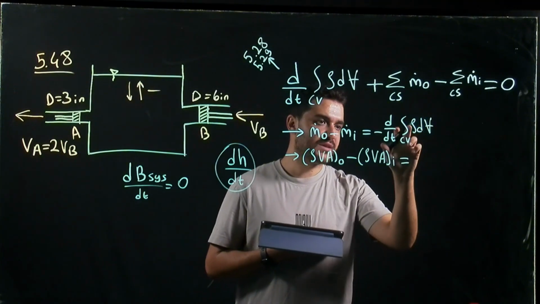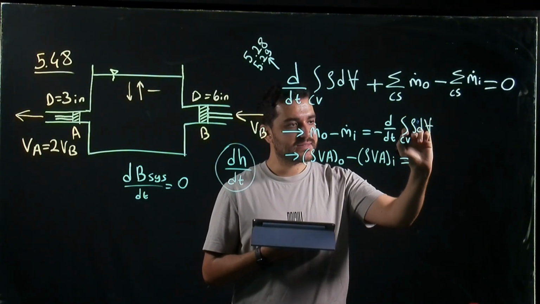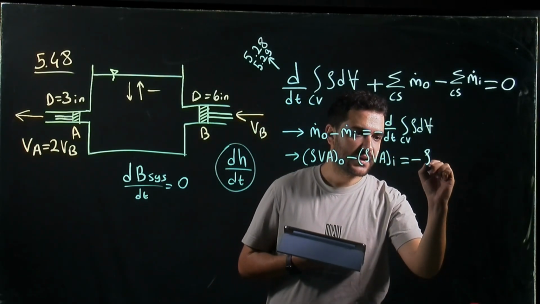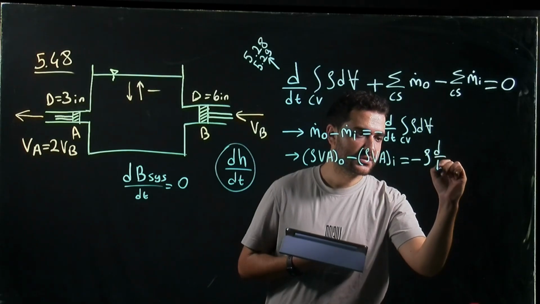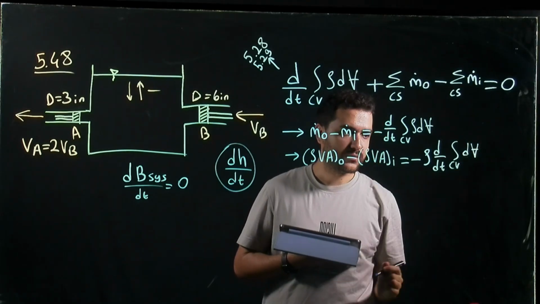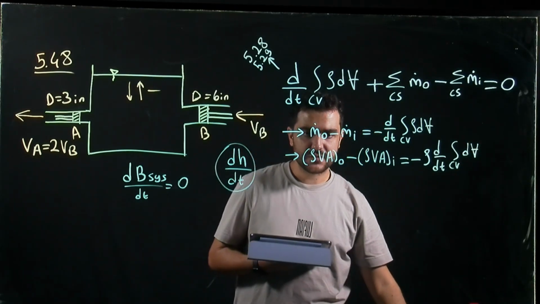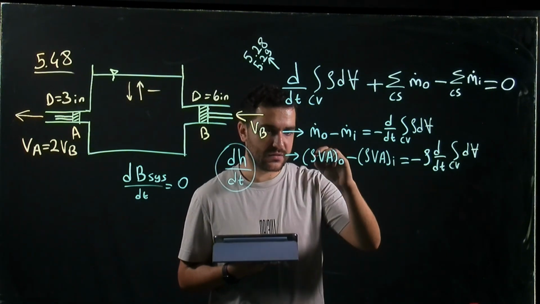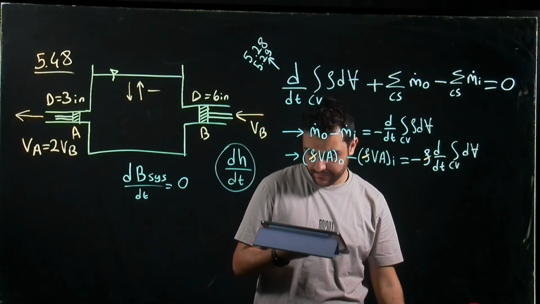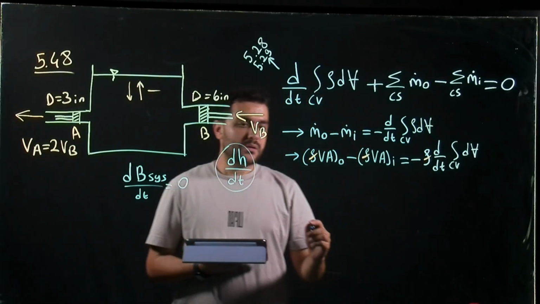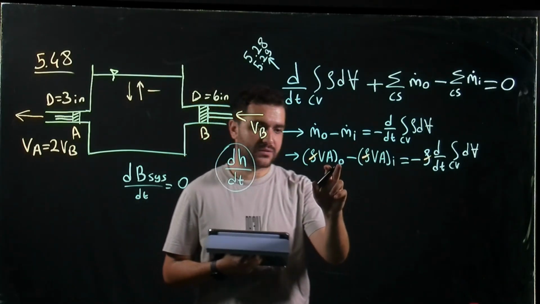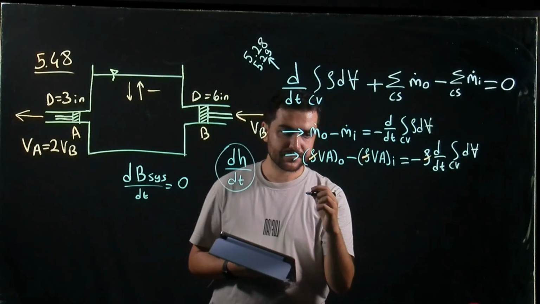And this is equal to, and we can move this density outside of the equation, so we will have minus rho d over dt of volume. So here we can actually cancel out these rho terms because they are the same for all.